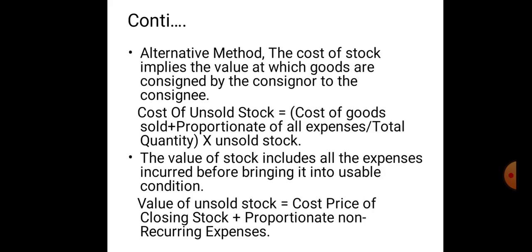So cost of unsold stock is equal to cost of goods plus proportionate share of all expenses, divided by total quantity, into unsold stock. This is an alternate method, and the value of stock also includes all expenses incurred before bringing it into usable condition. Value of unsold stock is equal to cost price of closing stock plus proportionate non-recurring expenses. So this is the end of the class.